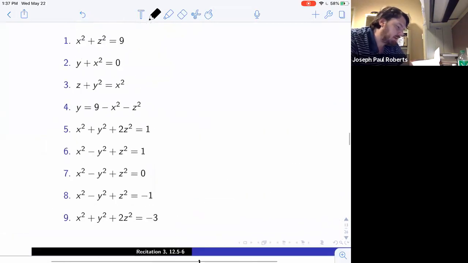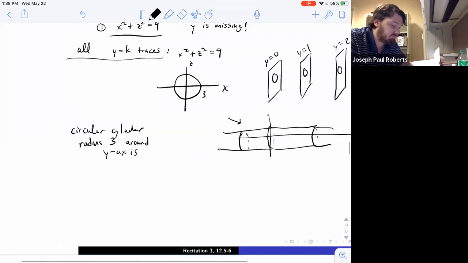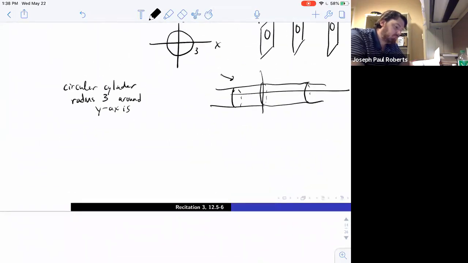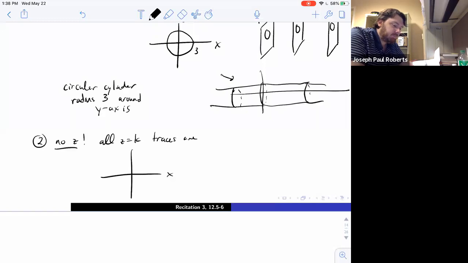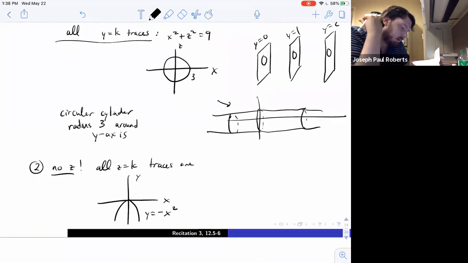And so that's what's happening in this second equation. If you look at this second equation, z is missing, which means that all the z equals k traces are this same parabola. So yeah, y plus x squared equals 0 means that y is minus x squared.